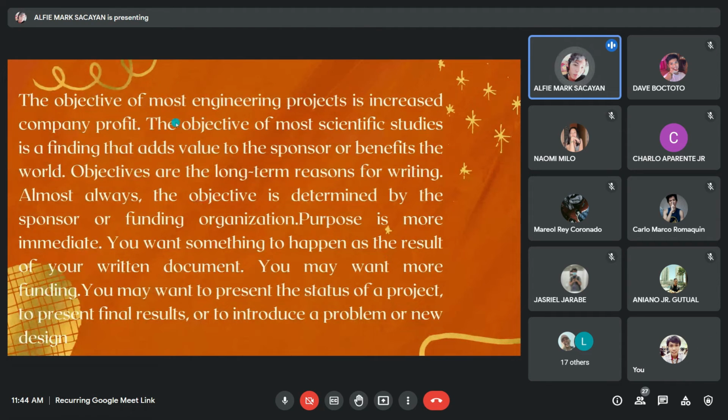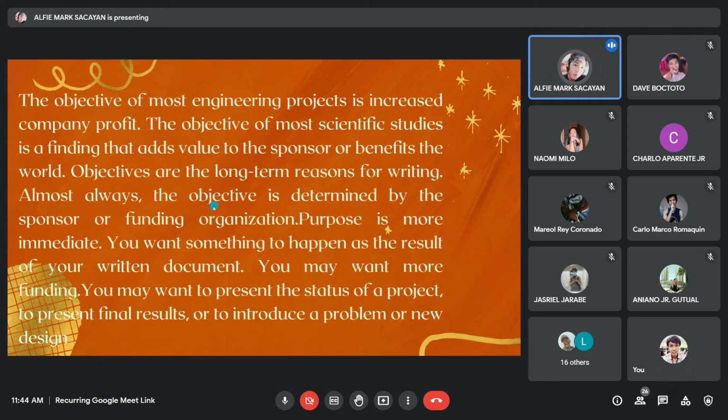The objective of most engineering projects is to increase company profit. So it is all about talking money. Then the objective of most scientific studies is a finding that adds value to the sponsors or benefits the world. So somewhat discovery. Then objectives are the long-term reasons for writing.